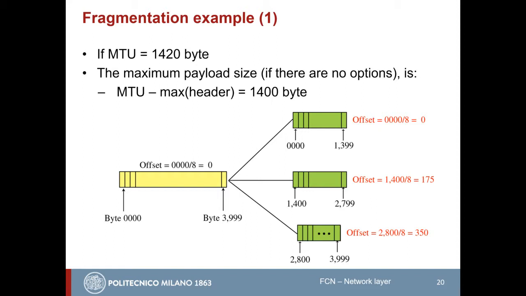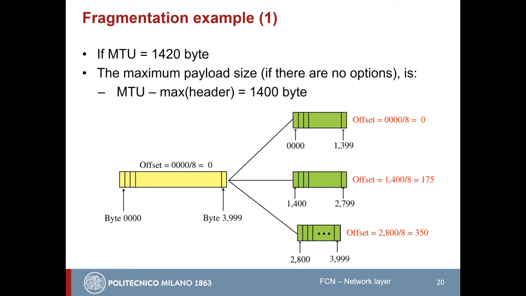You also always have to consider that each fragment will contain a maximum number of bytes in the payload, which is not exactly the MTU, but the MTU minus the size of the header, because the MTU is a limitation on the total length of the packet, but from this limitation we have to understand what the limitation on the payload of the fragments is, and so you have to subtract the size of the header.